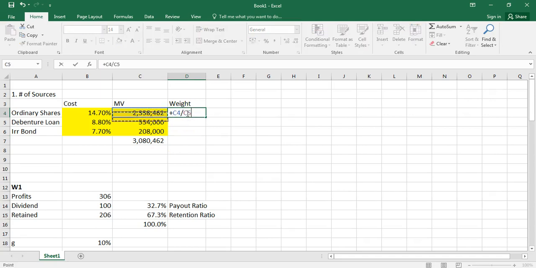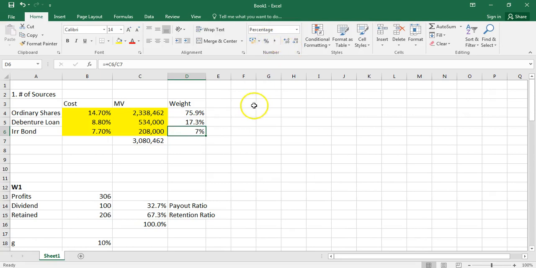About 75-76% of that is ordinary shares. 534 over 3080 is about 17% is debenture loan, and 208 over the total, about 7%, or just under it, is for the irredeemable bond.